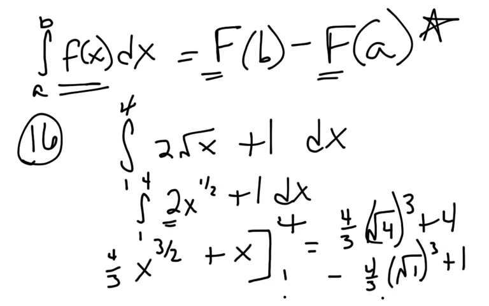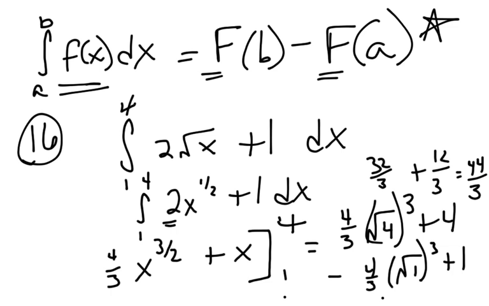So this is 2 to the 3rd power is 8. 8 times 4 is 32 thirds, plus 4 would be 12 thirds, would equal 44 thirds for this first piece of our work here.